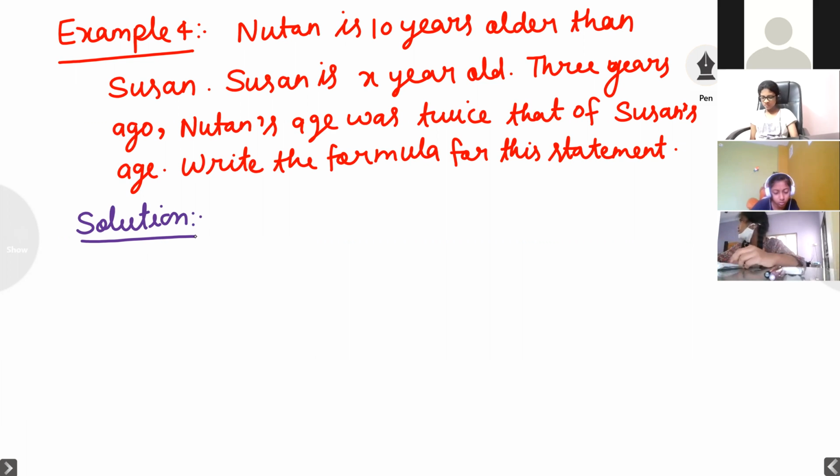We have to read this question very carefully. Nutan is 10 years older than Susan. It means whose age is greater, Nutan or Susan? If Susan is x, Nutan will be x plus 10. After that, he has given 3 years ago. Ago means plus or minus? Minus. Understood?